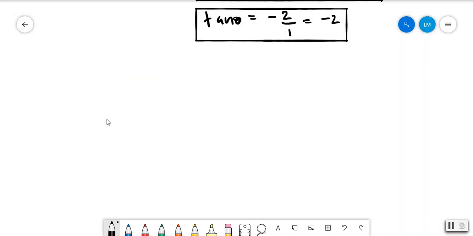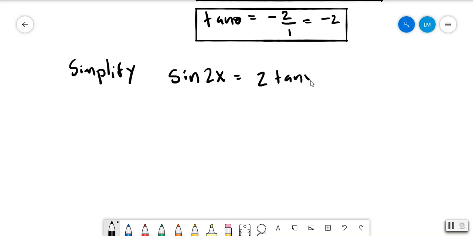So let's say that I have sine of 2x is equal to 2 tangent of x divided by 1 plus tangent squared x.